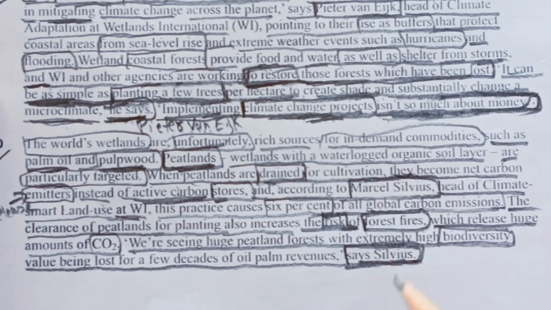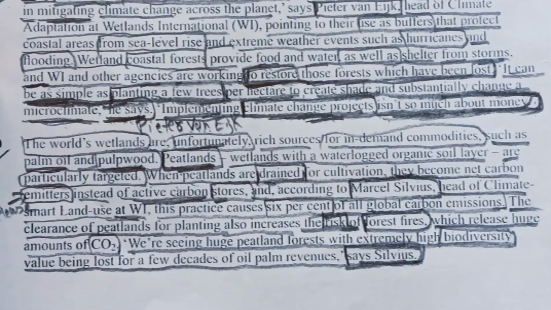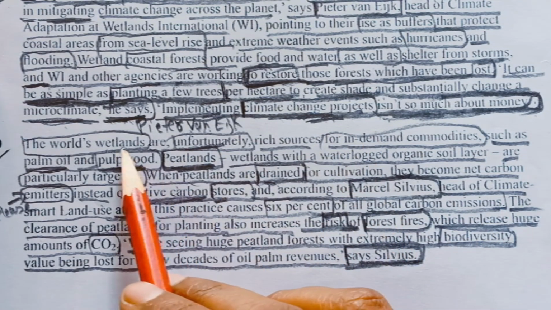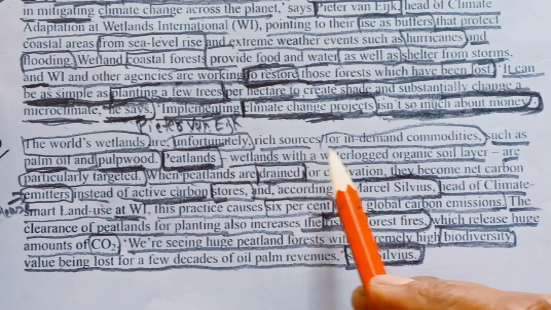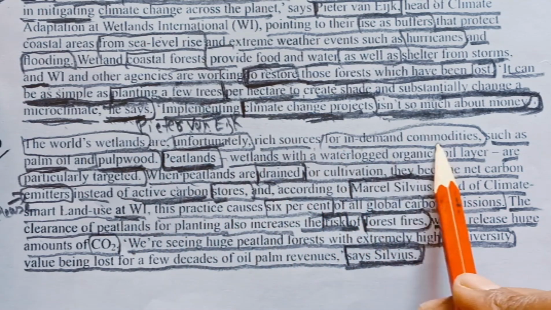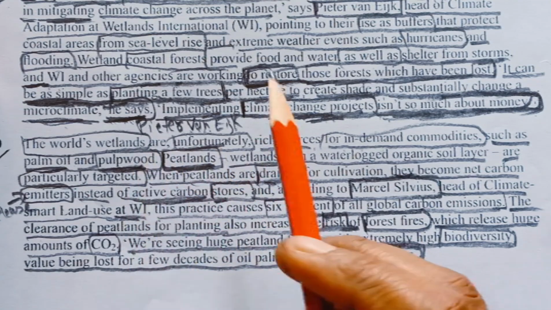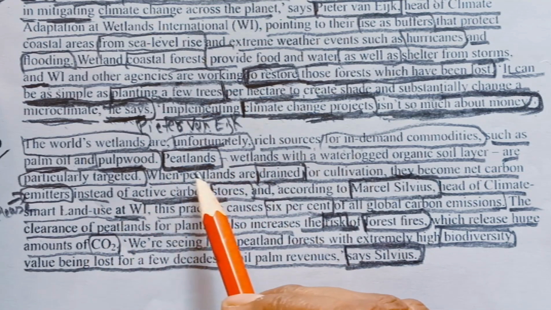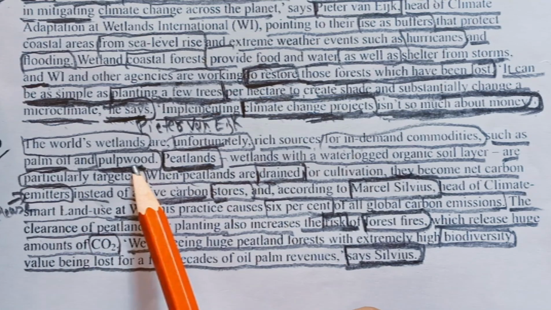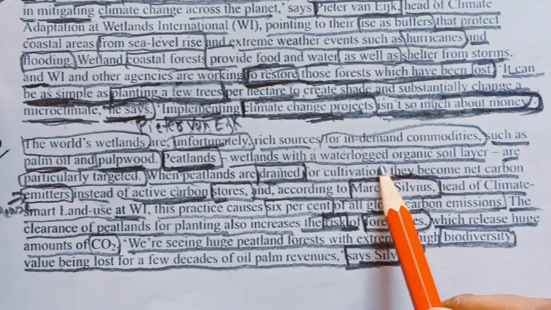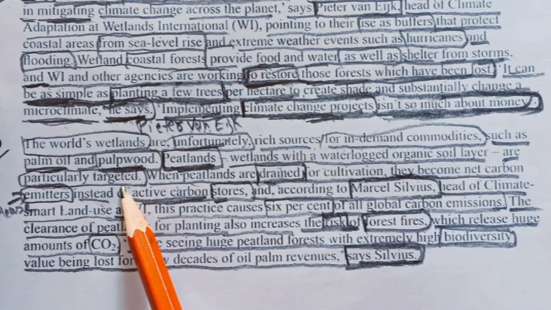So here they are saying that wetlands are unfortunately rich sources for in-demand commodities such as palm oil and pulpwood. These wetlands are damaged to fulfill the palm oil and pulpwood demand. Peatlands or wetlands with a waterlogged organic soil are particularly targeted.